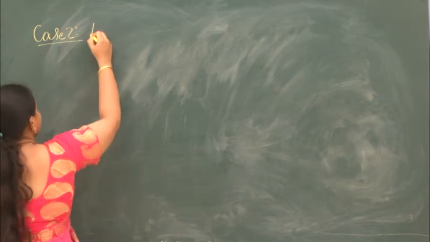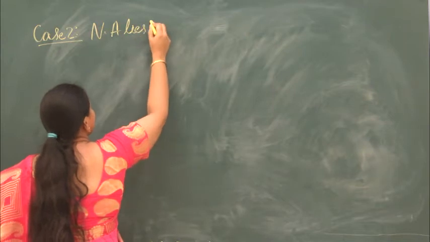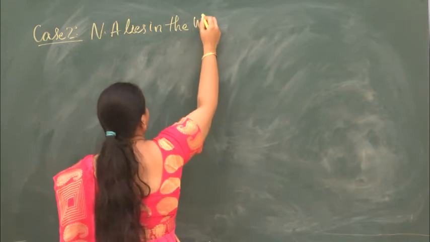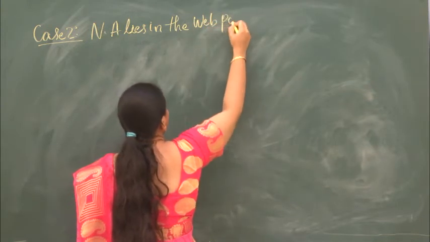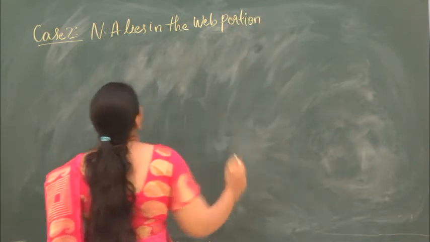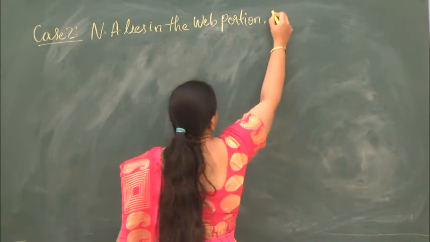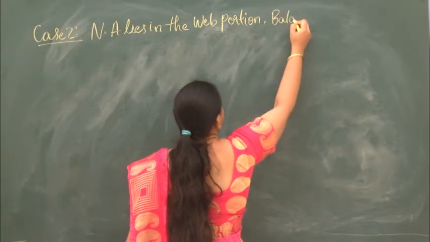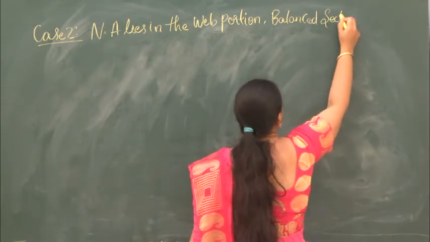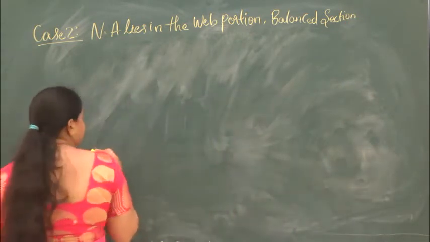Case 2 is when the neutral axis lies in the web portion and the section is a balanced section.